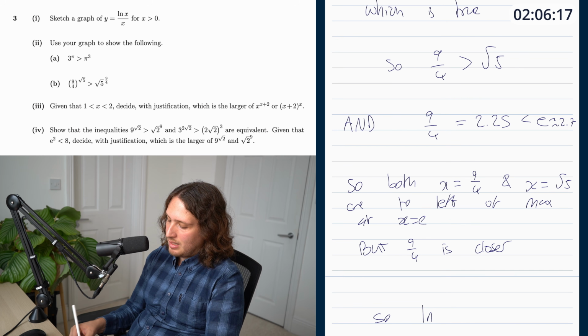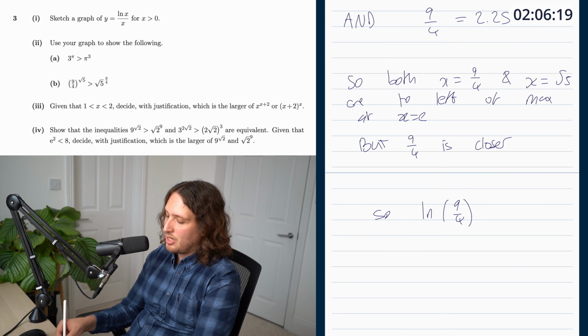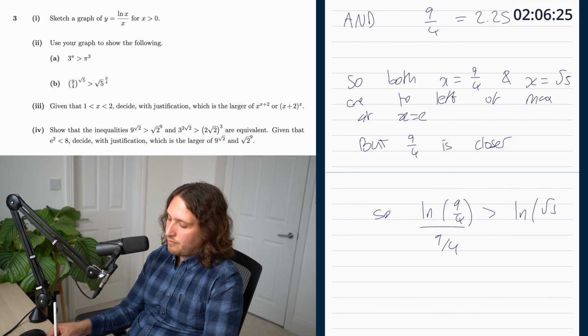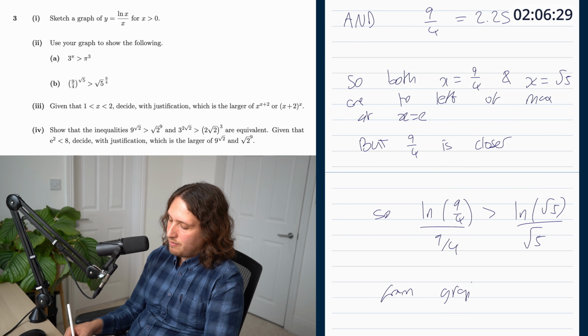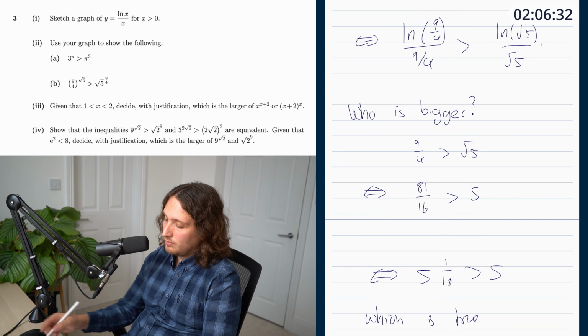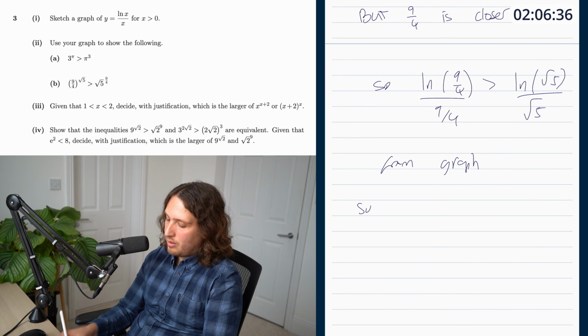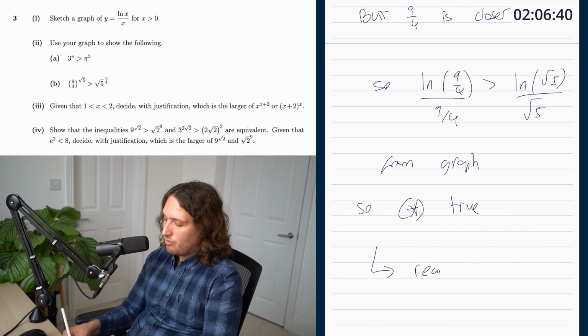So that means that ln of 9/4 over 9/4 is bigger than ln of root 5 over root 5 from the graph. So star, true, and then again, read backwards, and this implies as required.